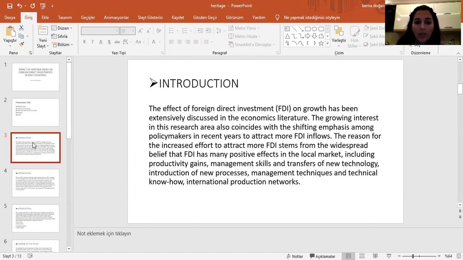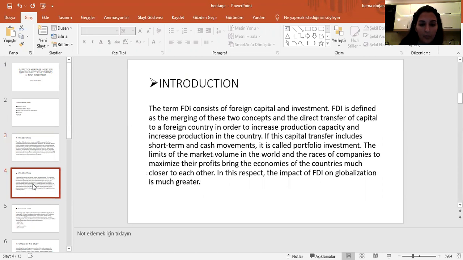The reason for the increased effort stems from the widespread belief that FDI has many positive effects in the large market, including productivity gains, management skills, transfers of new technology, introduction of new processes, management techniques, and technical know-how, international production networks.